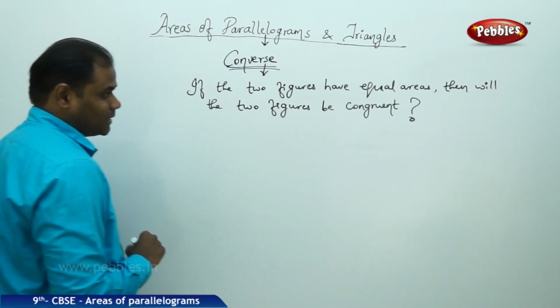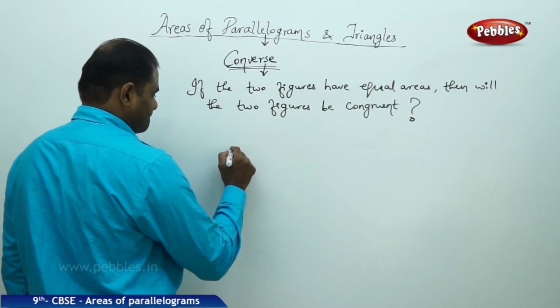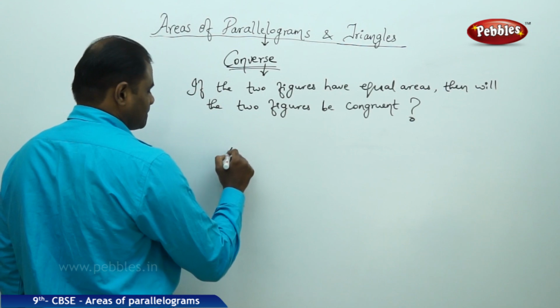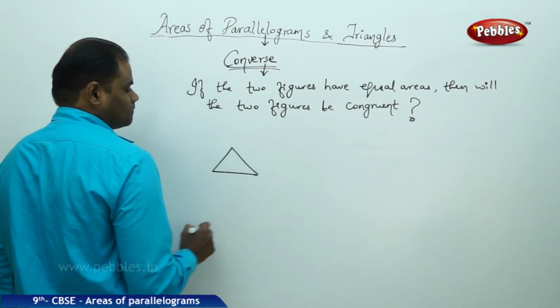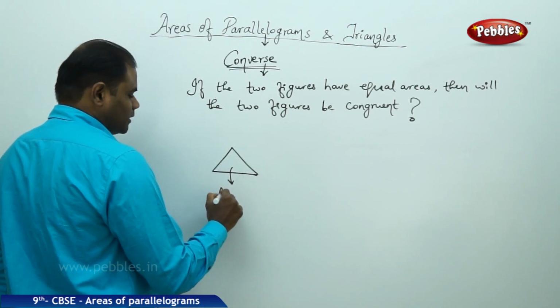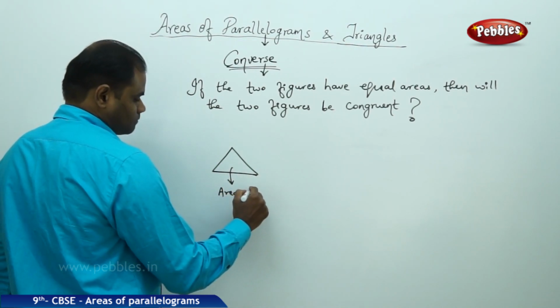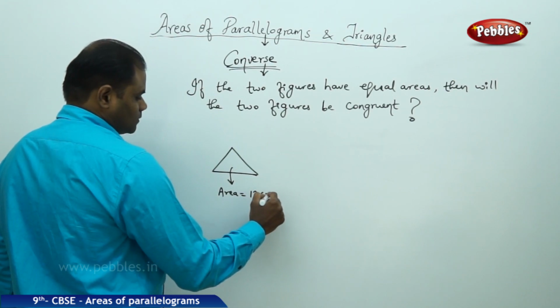So imagine I take a triangle whose area is, say, 12 centimeters square.